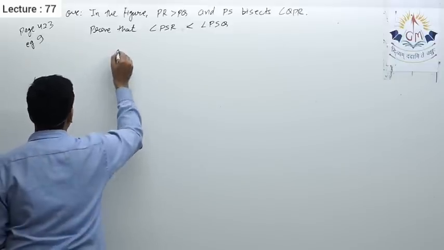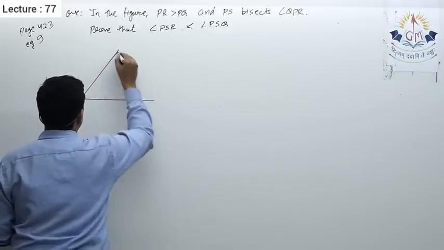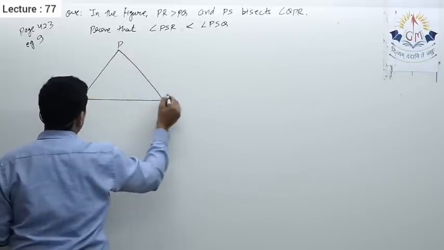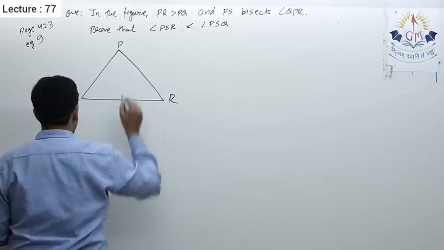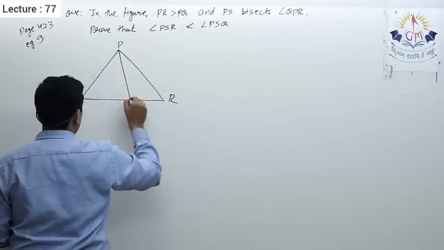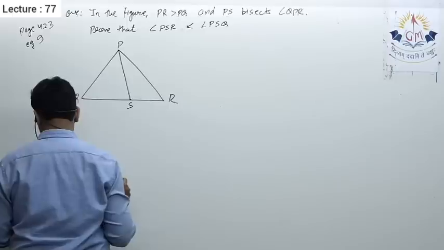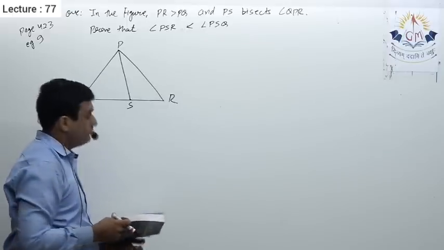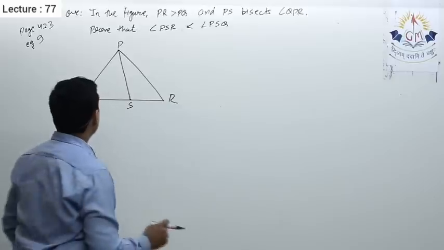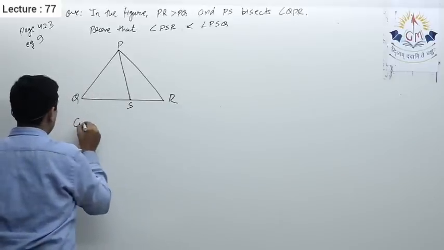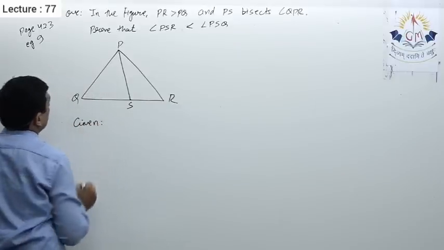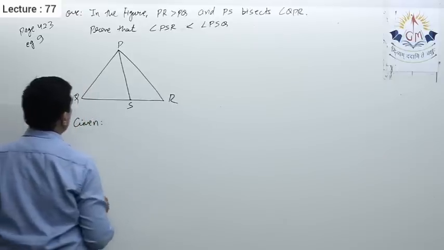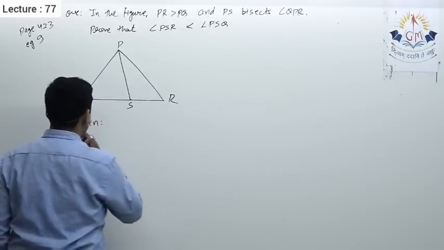Okay, the diagram is given. So triangle PQR, and something like this is the point S. Now here it is given PR is greater than PQ.